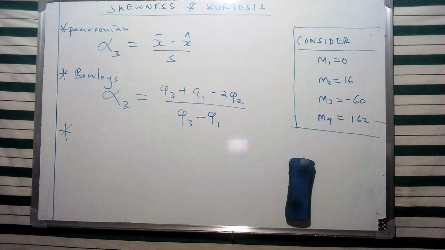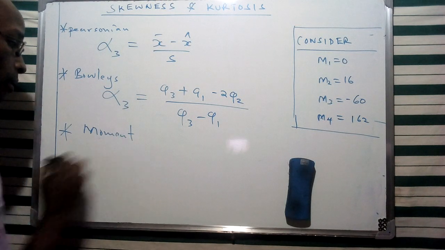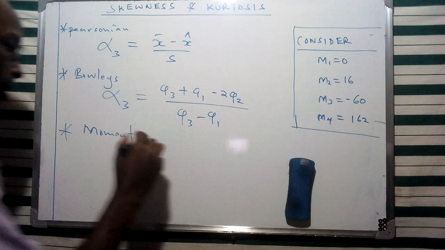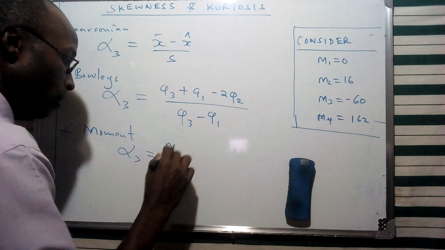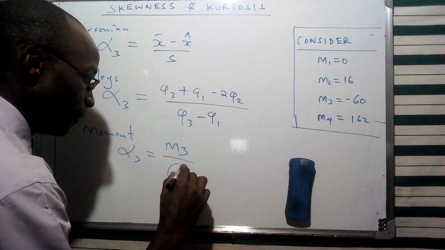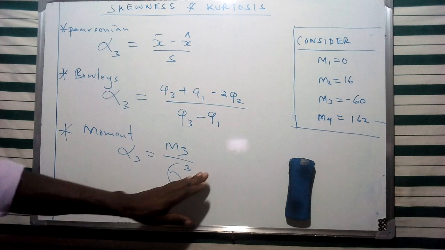And the last one I mentioned was the moment coefficient of skewness, which was given as the ratio between the third moment and the population standard deviation to a power of 3.